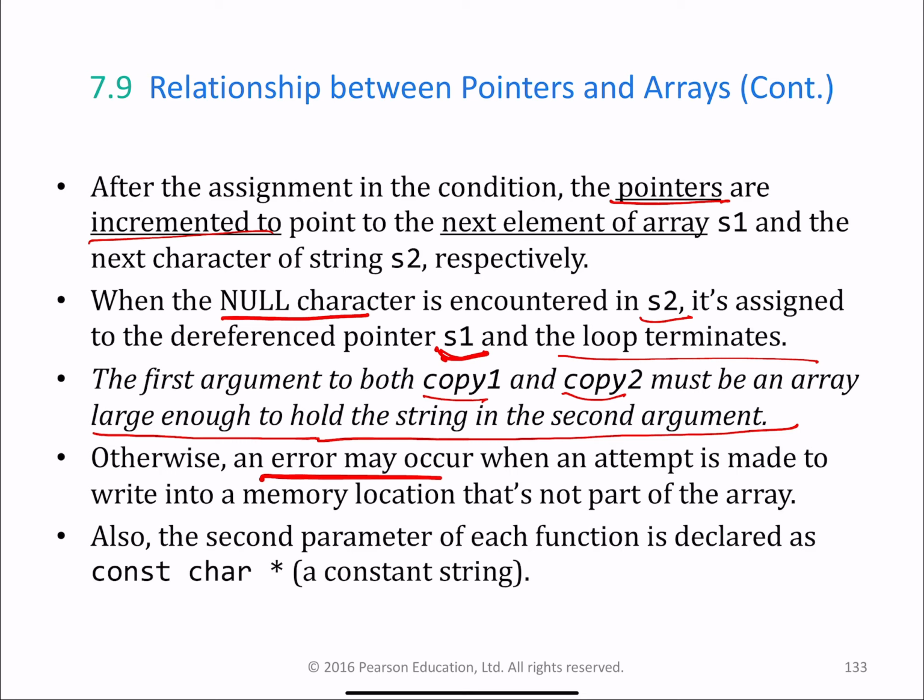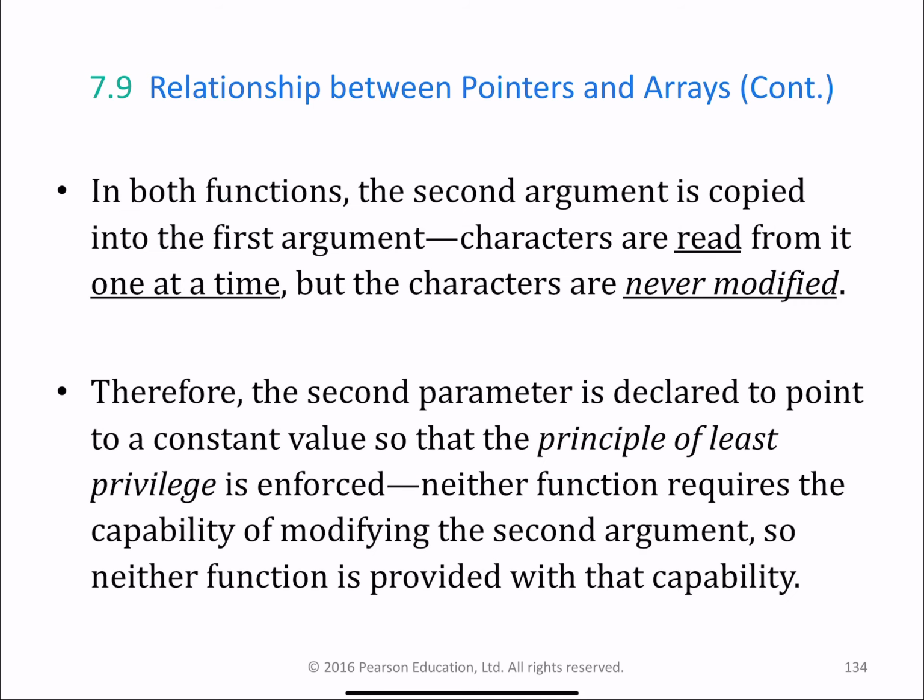The second argument, which contains the data, the string that is to be copied into the first argument, in both cases is declared a pointer to a constant character string. And like I said, the arguments are similar in the sense that the second argument is what's copied into the array, which is the first argument.